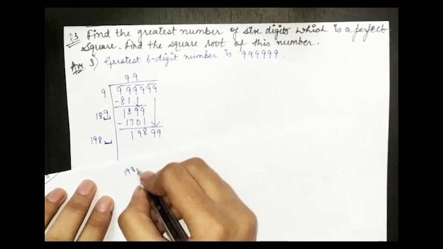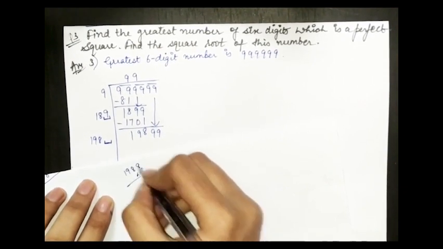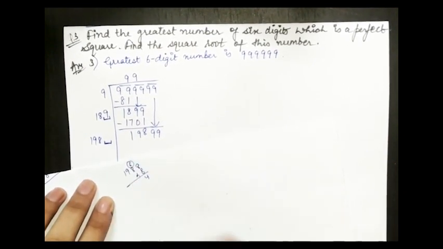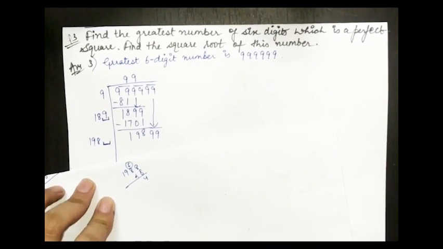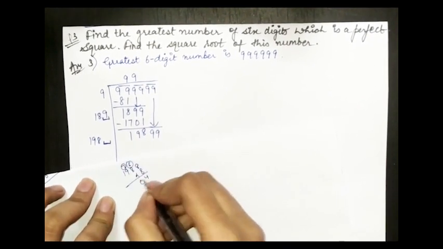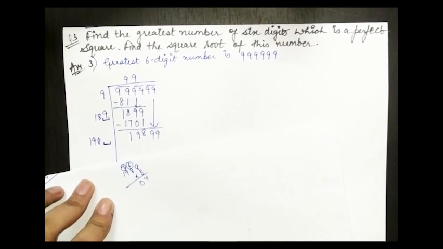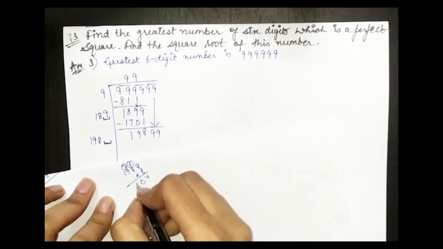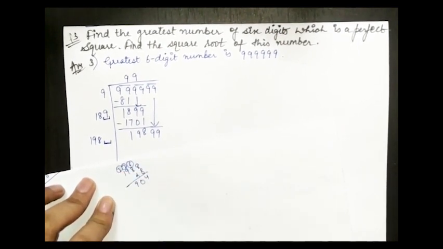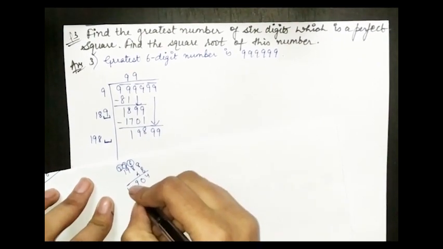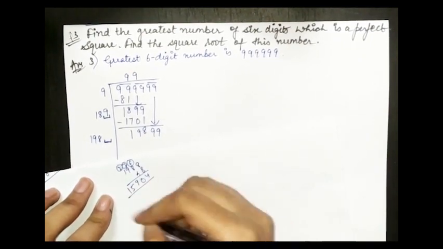1988, 8 8s are 64, 8 8s are 64, 64 plus 6 means 70, 9 8s are 72, 72 plus 7, 79, 8 1s are 8, now 15, means 15901 is the answer.